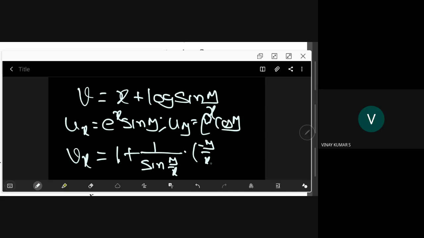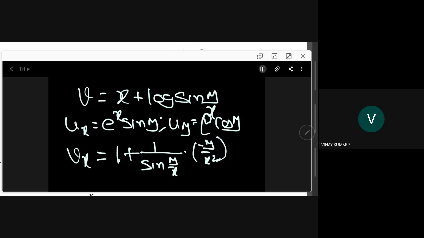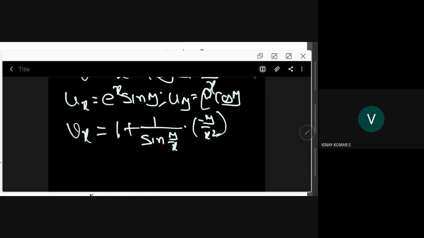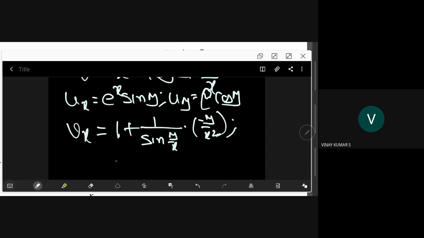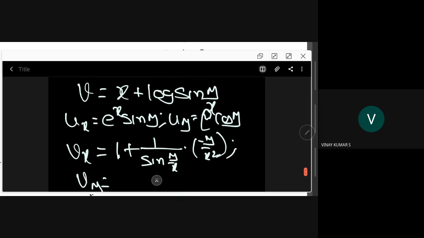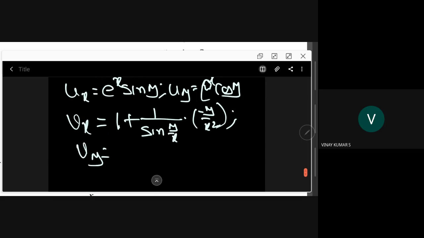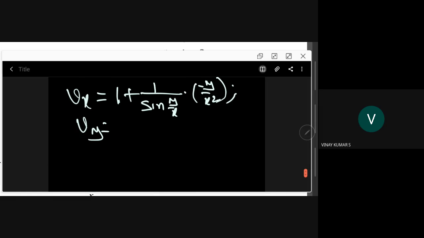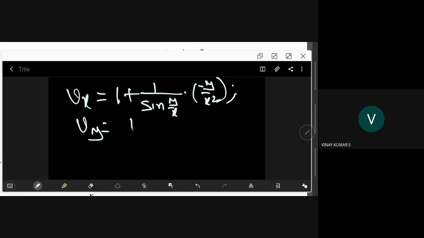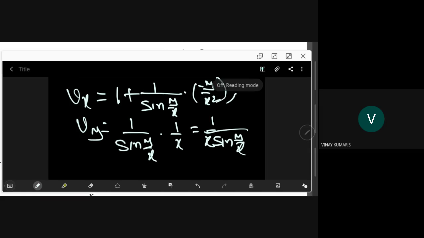And vy is 1 by sin(y/x) into cos(y/x) into 1 by x, so this is nothing but 1 by x sin(y/x).